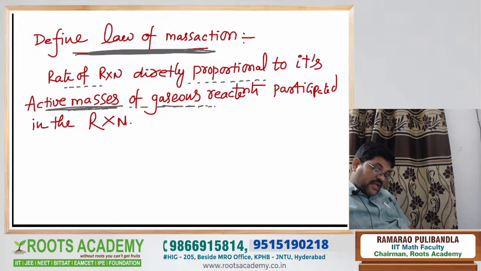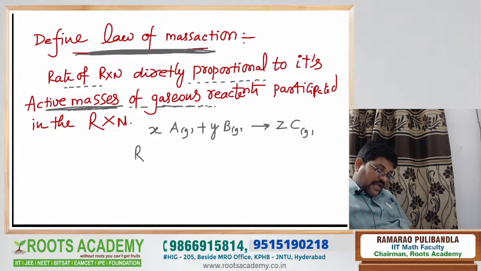We take one simple reaction. X moles of A gas plus Y moles of B gas gives Z moles of C gas. Therefore, reaction rate is proportional to the active mass of the reactants participated.